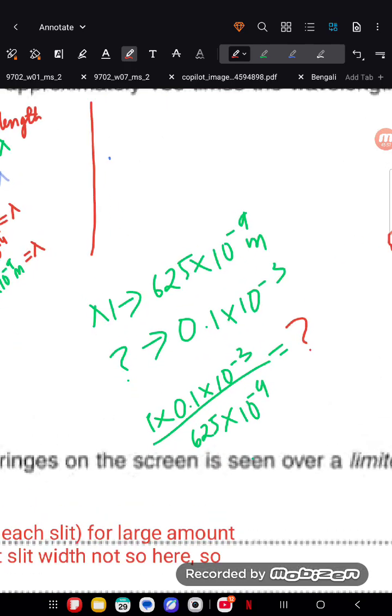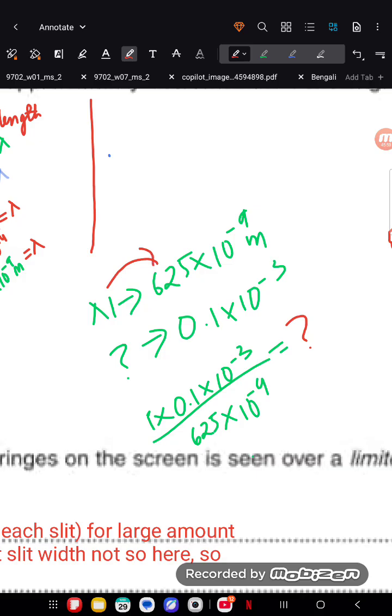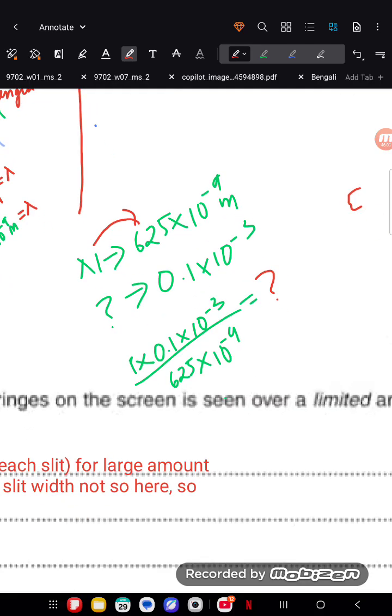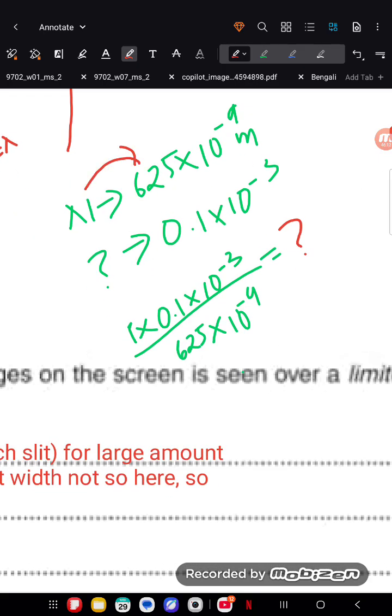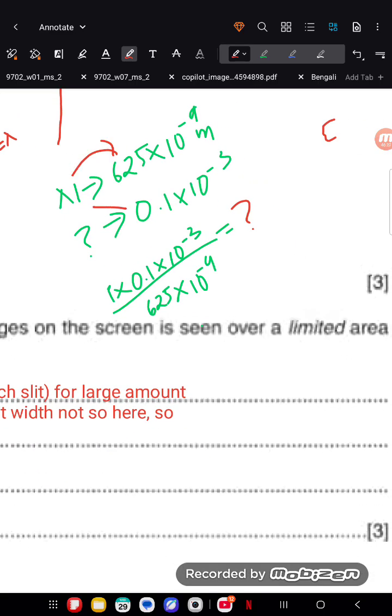So if one wavelength is this much, in 0.1 width of the slit there will be how many wavelengths. So I have to show that, if one wavelength is equal to this, in this much distance there will be how many wavelengths. So I will cross multiply.